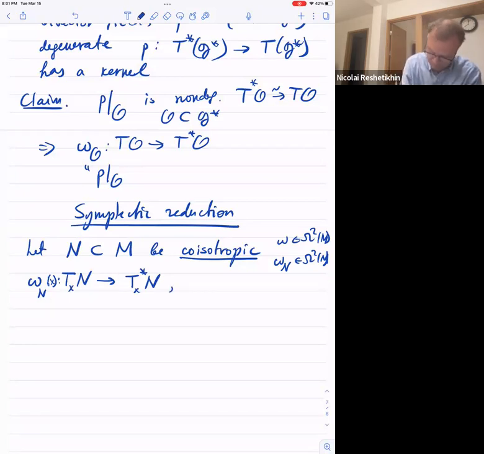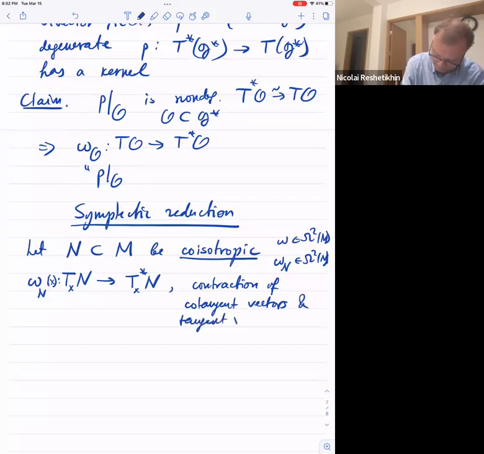And it's just a contraction of a form of cotangent vectors and tangent vectors. But now this map has a kernel.